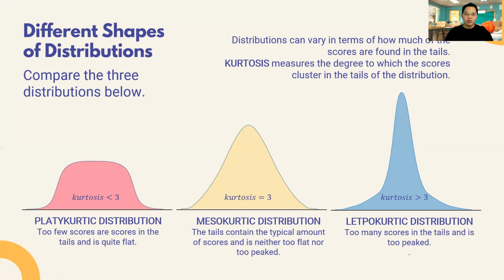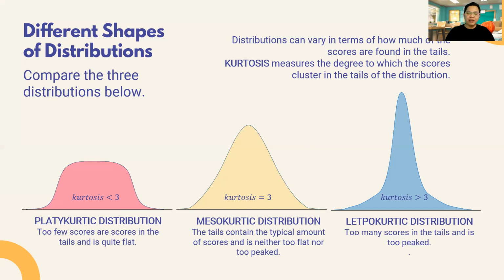Now, in the next slide, I will present you with several examples of different shapes of distributions, different density curves. And what I would like you to do is determine the classification of the density curve based on both symmetry or skewness and based on kurtosis.